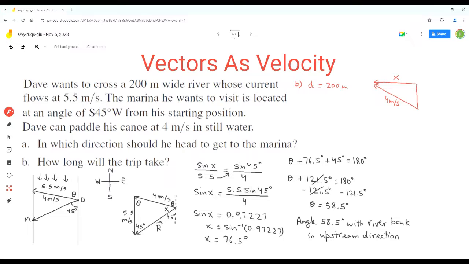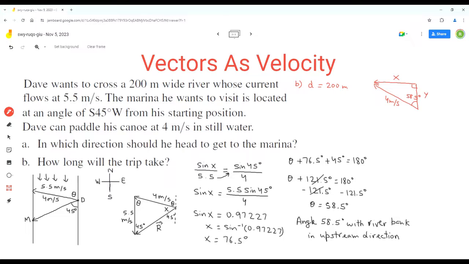And in this triangle, the bottom angle is 58.5 degrees. So we can use SOHCAHTOA to find the value of x because this is a right angle triangle. So the x and y components are perpendicular to each other.